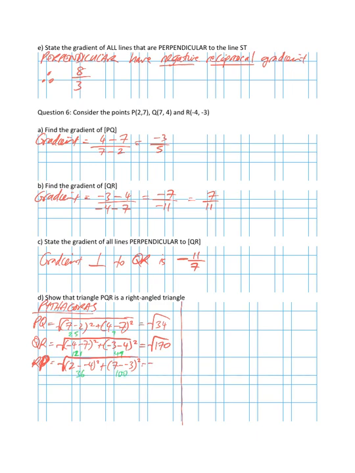So RP is going to be the square root of 100 add 36, the square root of 136 long.